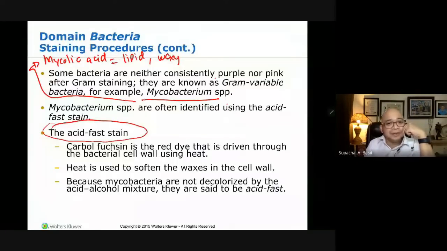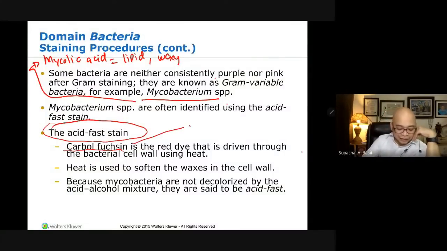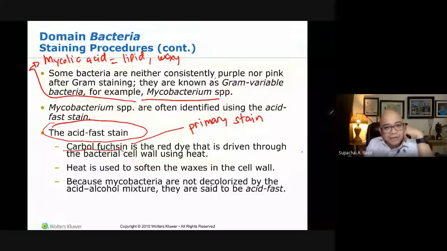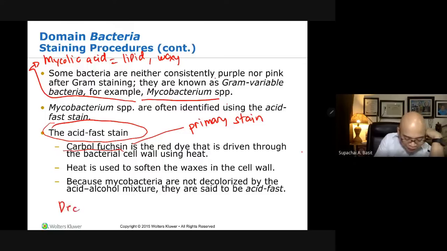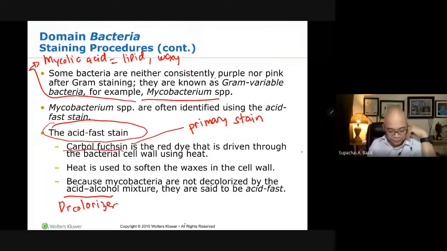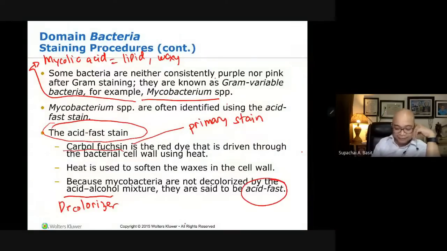Okay? So, in the acid-fast stain, carbolfuchsin is the red dye that is driven into the bacterial cell wall using heat. Carbolfuchsin serves as the primary stain. And the decolorizer in acid-fast stain is acid alcohol, hence the term acid-fast.